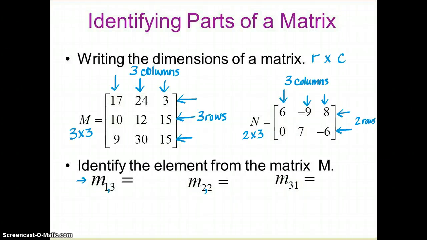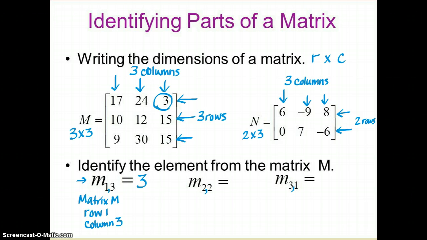What this is asking me to do, and it's using a lowercase m because we're talking about a single element out of the entire matrix, is to find in matrix M, the matrix that's called M, the element that is in row 1, column 3. So if I look up at my matrix M, I find row 1, column 3, and I find the element 3. So if I'm identifying the element at M13, I would say it is a 3.